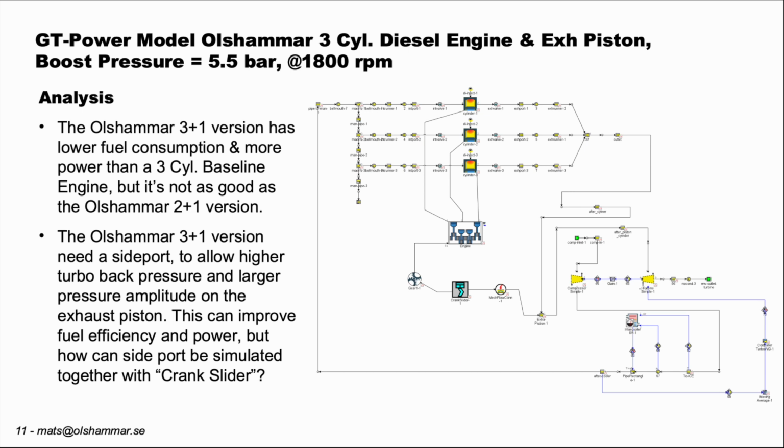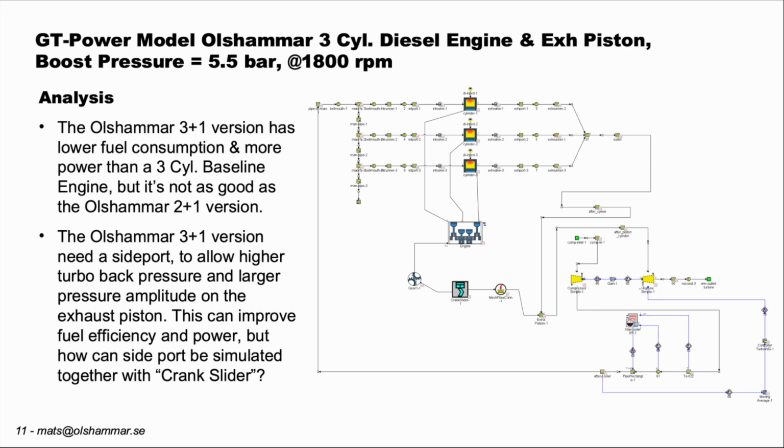So my analysis is that the Olshammar 3+1 version has a lower fuel consumption and more power than the 3-cylinder baseline engine, but it's not as good as the Olshammar 2+1 version. My thinking is that the Olshammar 3+1 version needs a side port.